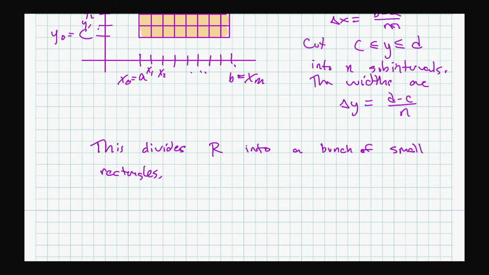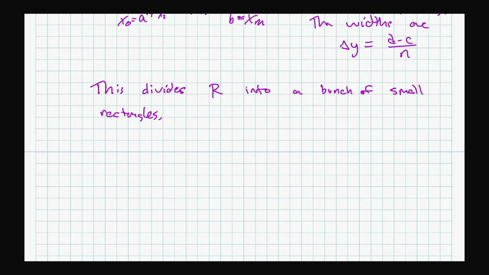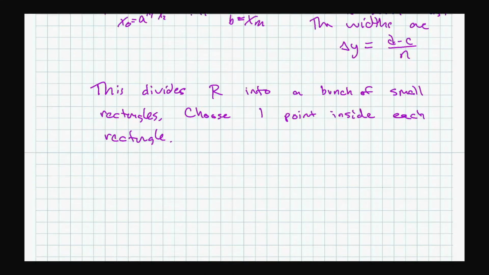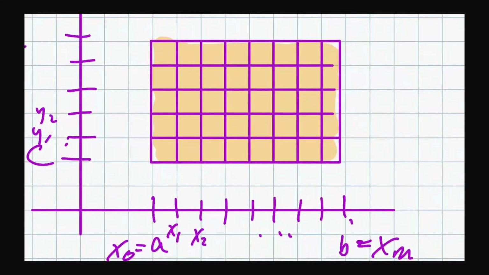All right. Now, from there, what if we pick one point inside each rectangle? Now, what point do you choose? It doesn't matter. You just go to these rectangles and choose one.